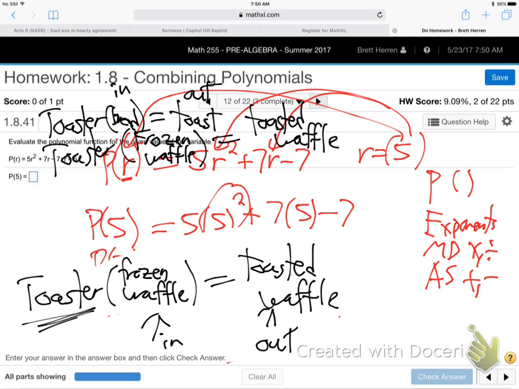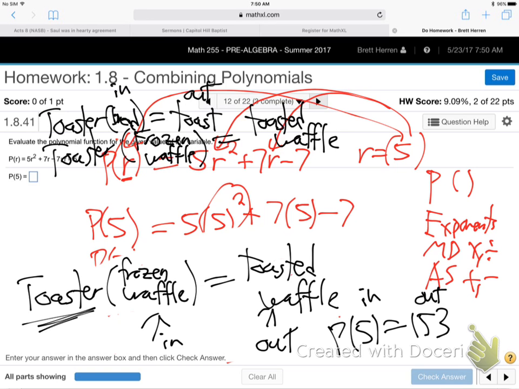That's what it means when we say in the end, P of 5 equals, what was it, 153? We're saying when you put in 5, you get out 153 from the P machine. Just like you said, if we put something else in, like 10 or 3 or some other number, we would get out something different, right? Just like with a toaster, you put in frozen waffle, you get out toasted waffle, you put in bread, you get out toast, on you go.